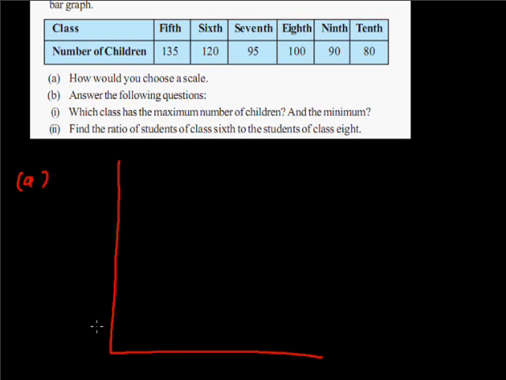We want up to 135. So this is 10, then 20, then 30, then 40, then 50, then 60, then 70, 80, 90, 100, 110, 120, 130, 140.